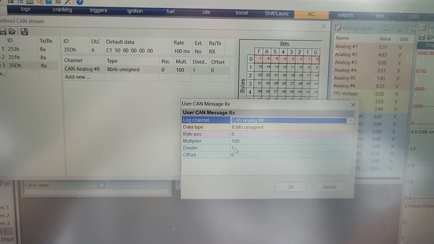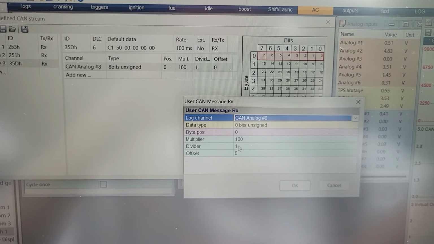So that means that if we are receiving that message, we need to do the opposite. This is where it gets a bit confusing.